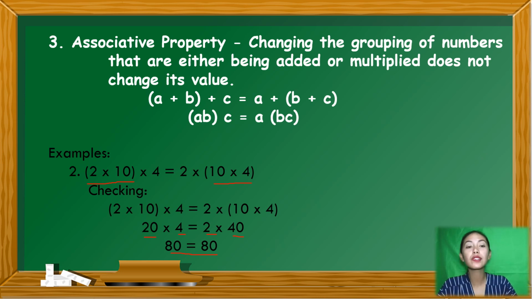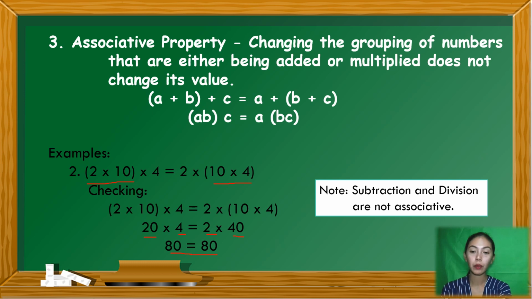Thus, it also satisfies the associative property. We will note that subtraction and division are not associative. Again, this is applicable only in addition and multiplication.